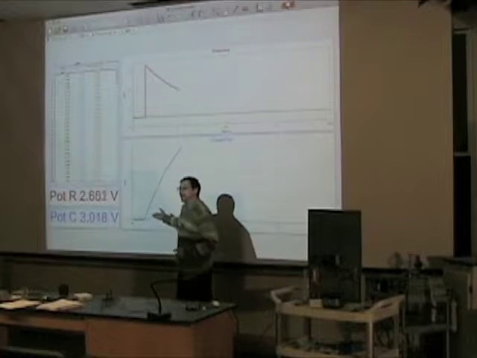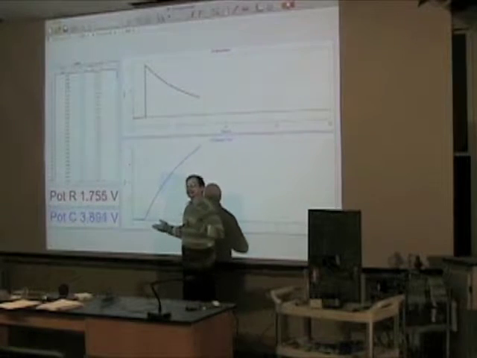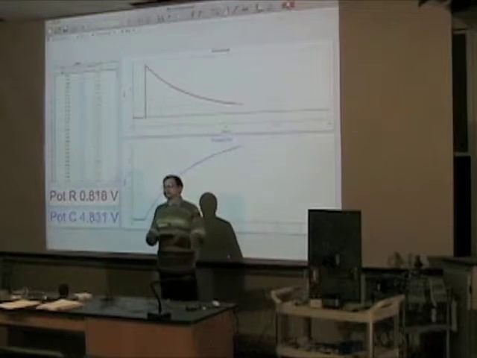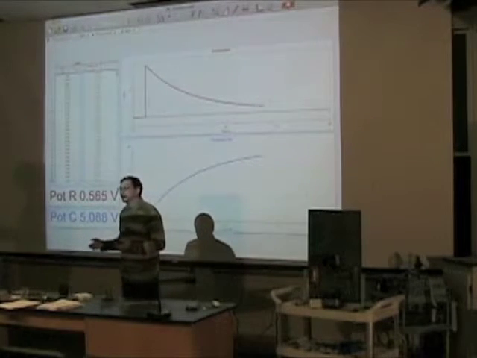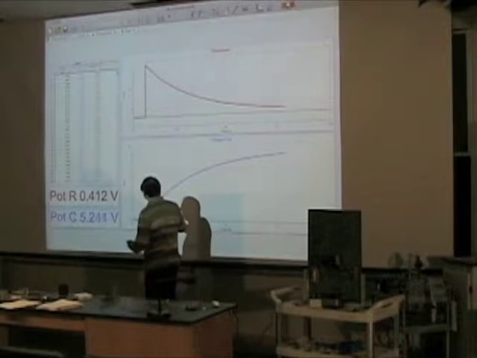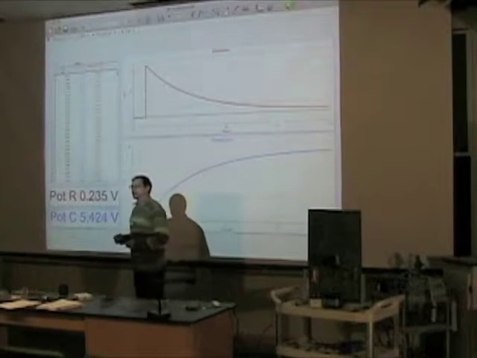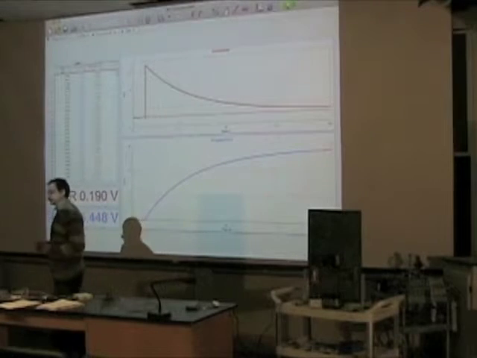So the capacitor didn't have any charge initially. It was completely discharged. No charge, no voltage, because Q equals CV. And that means the capacitor starts charging from zero voltage and eventually it reaches the maximum value.